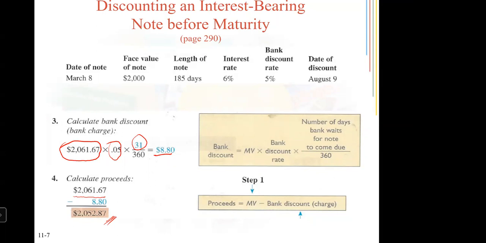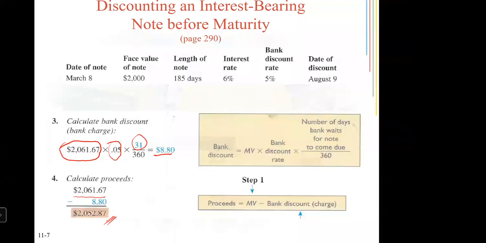So they're going to charge based on the maturity value of the note, their interest rate, and the time they're holding it for. And so once they work out that interest, they will take it away from the full value of the note, the maturity value, and the company that traded the note with them will get that as their proceeds.